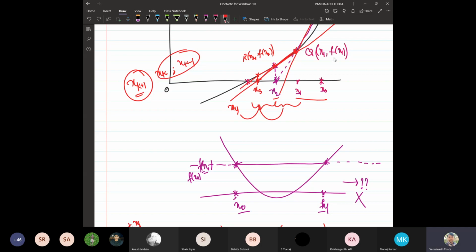If you remember, f of x1 and f of x2, we are not bothering about them. Even if both of them are the same, no problem. You join both the points with this line segment, extend it so that it meets the x-axis. From there, you get another point, another approximation.